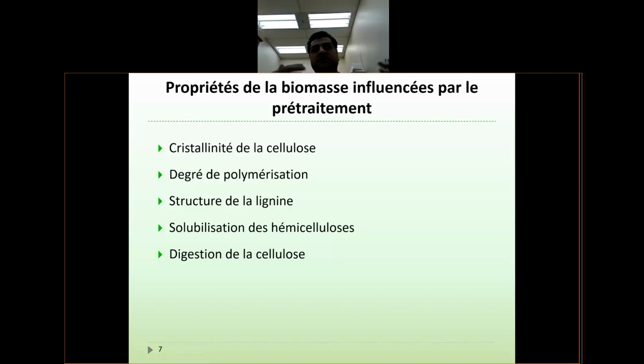So the lignin is disrupted, and it gains a new structure, and solubilization of hemicellulose usually improves because this is one of the objectives. Also, you will be able to digest cellulose in the next processing step.